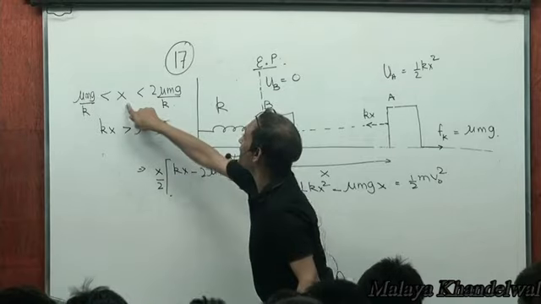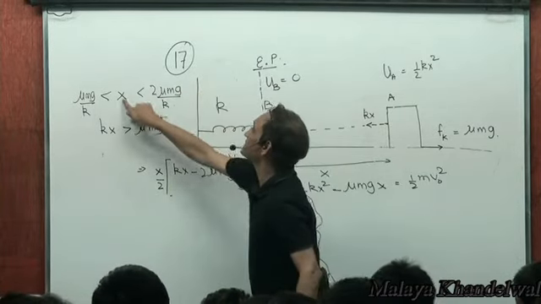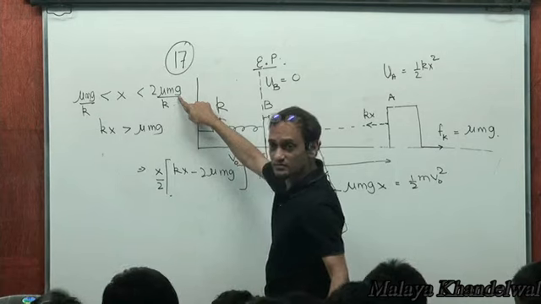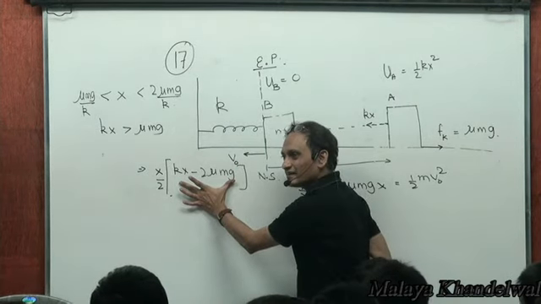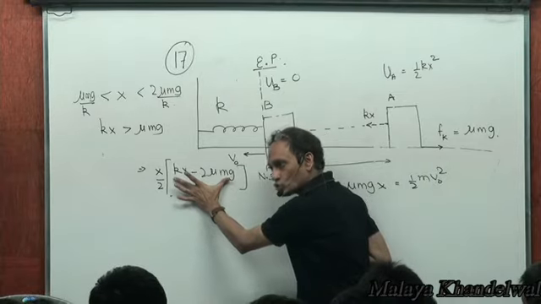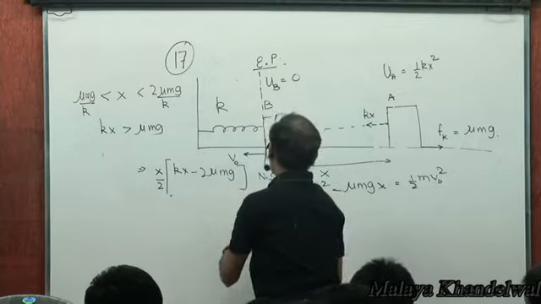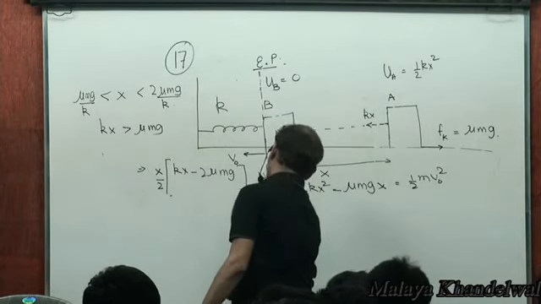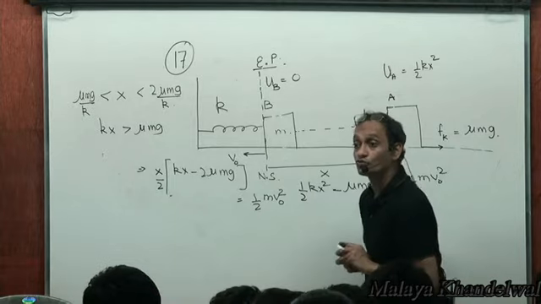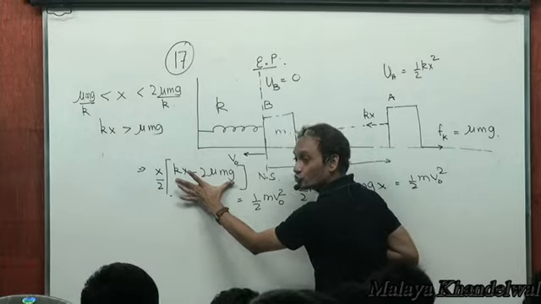Do you realize that kx is less than 2 mu mg? Kx is less than 2 mu mg, that's given. So this is negative because kx is less than 2 mu mg, so kx minus 2 mu mg is negative. Yes or no? Now this, if I say, is half m v naught squared, change in kinetic energy, then does it sound good? This is a negative number, kx minus 2 mu mg.